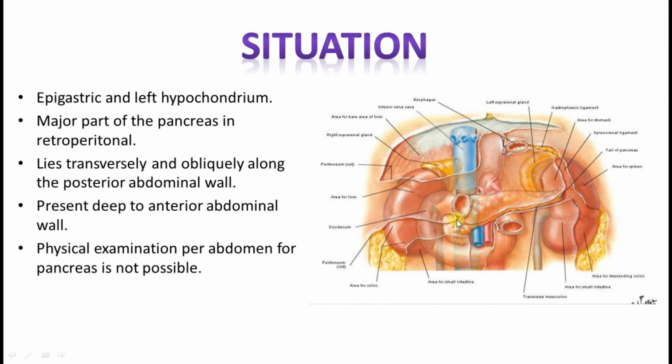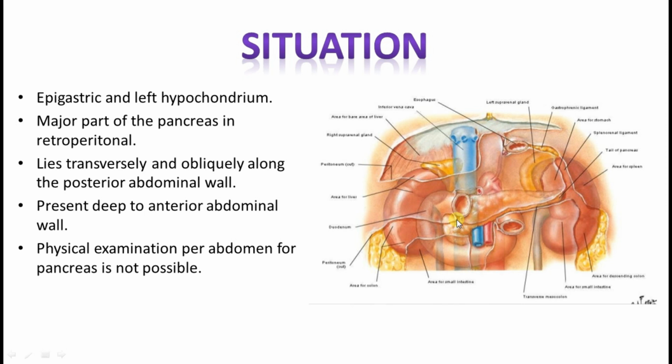So not only the pancreas, one more organ that is difficult to palpate is your duodenum. Stomach, liver, and then your spleen, coils of intestine, cecum, appendix, all these things you will be able to palpate, or you can hear the sounds.